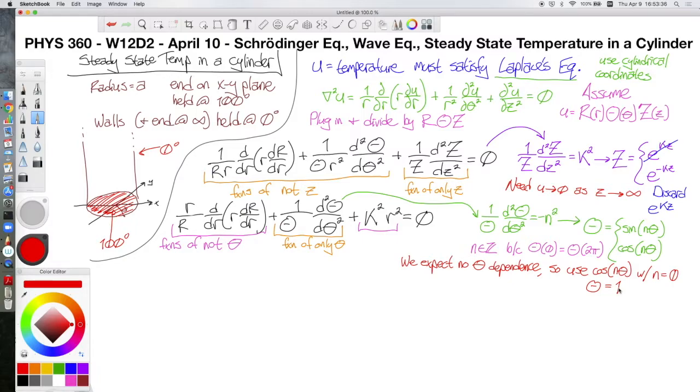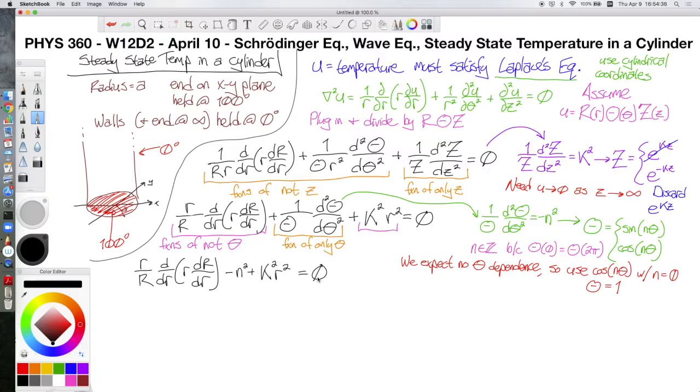So let's now plug our new information back into the main equation we're working on. Rearranging it a little bit and plugging in 1 for our entire theta piece, we get the following: little r over big R times the derivative with respect to r of little r times dR/dr, minus n squared plus kappa squared r squared.